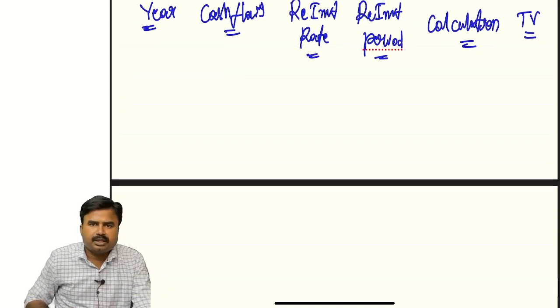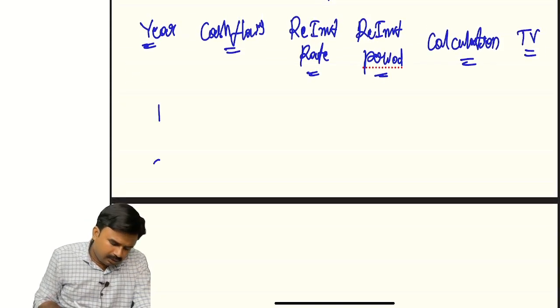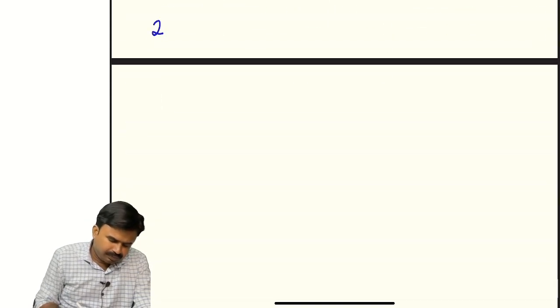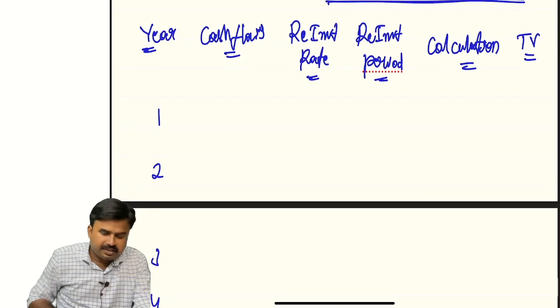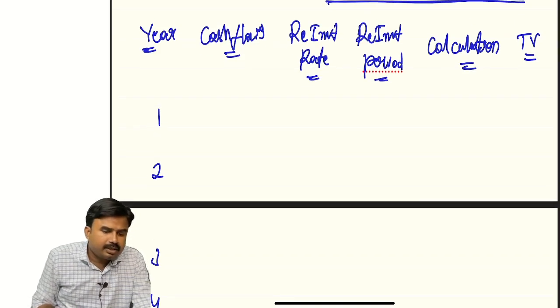These are the columns. Years 1, 2, 3, 4. First year ending inflow is 30,000.